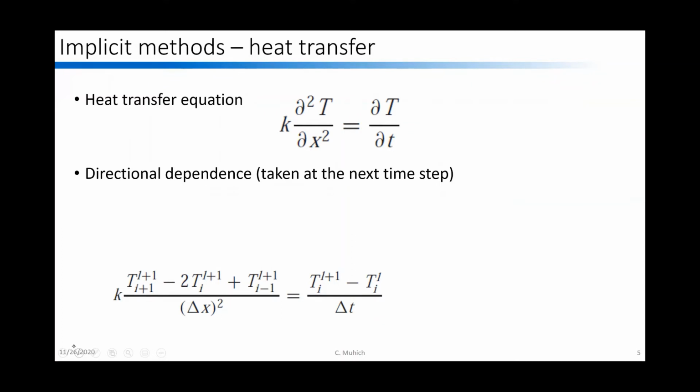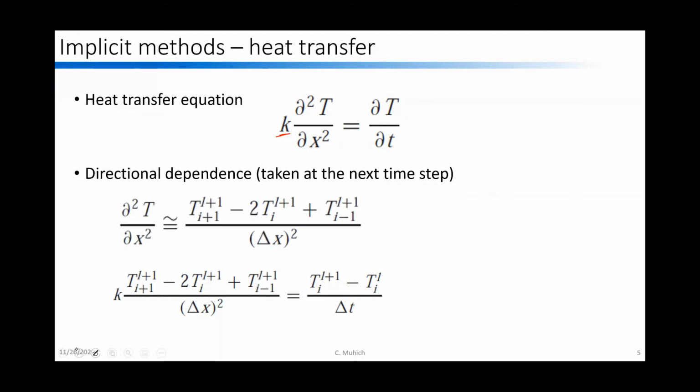So let's continue on with this idea. We're going to take a heat transfer equation. We have some k, partial squared T partial x squared, equal to partial T partial t. And we're going to now take our finite difference steps. So just like before in the explicit method, I can write out my partial squared T partial x squared.